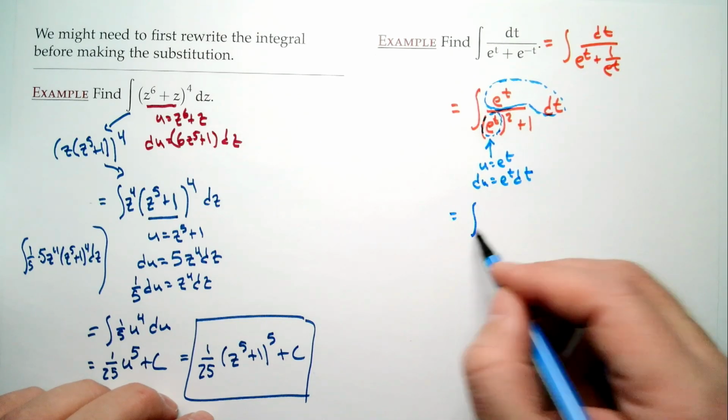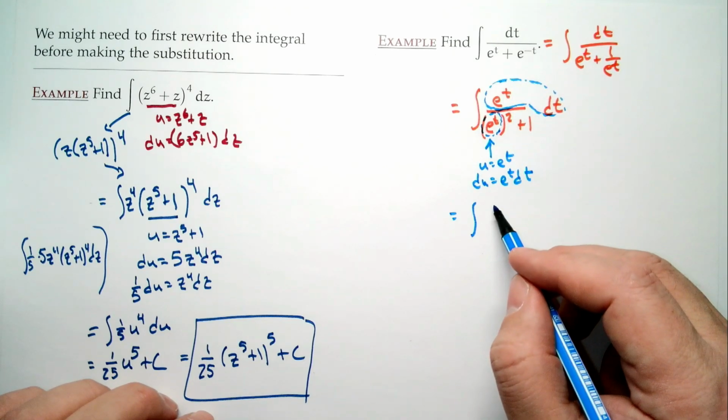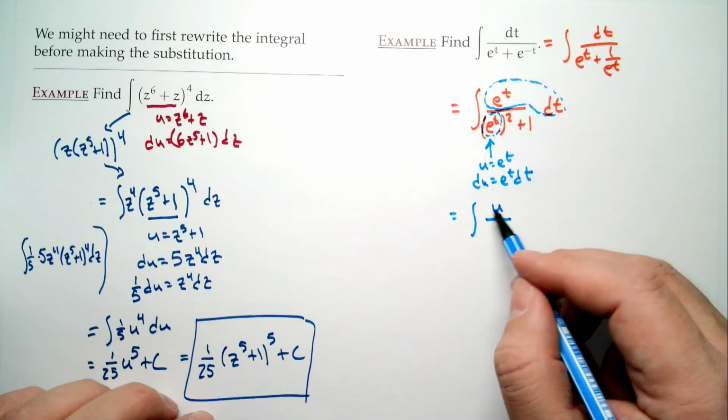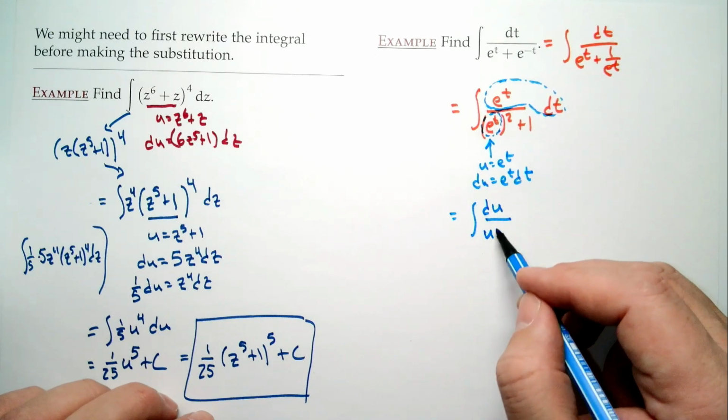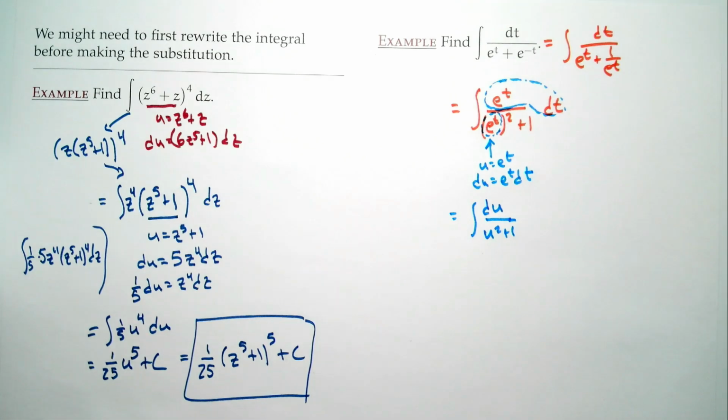So this becomes the integral of du over u squared plus 1. So, somebody mentioned arctangent a minute ago. Because 1 over u squared plus 1, that is on our list of 8 things we can integrate, because it's just such a beautiful function.